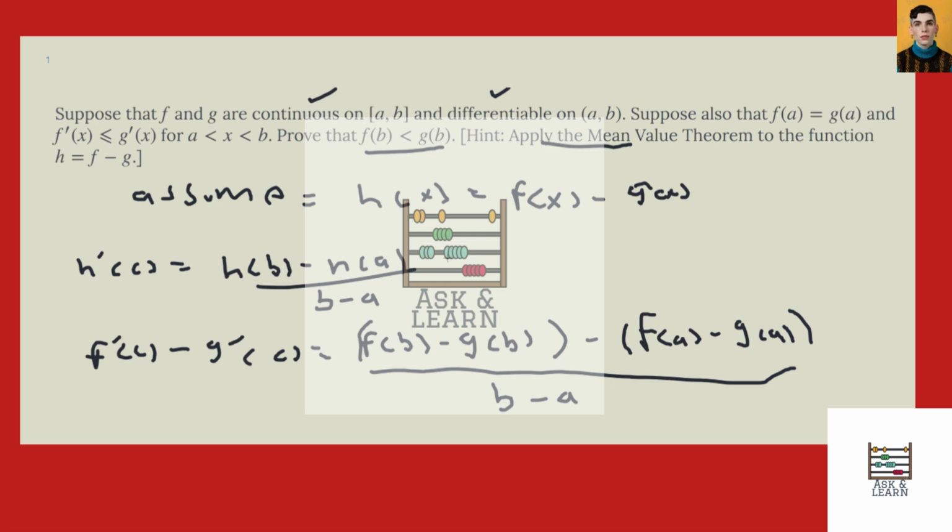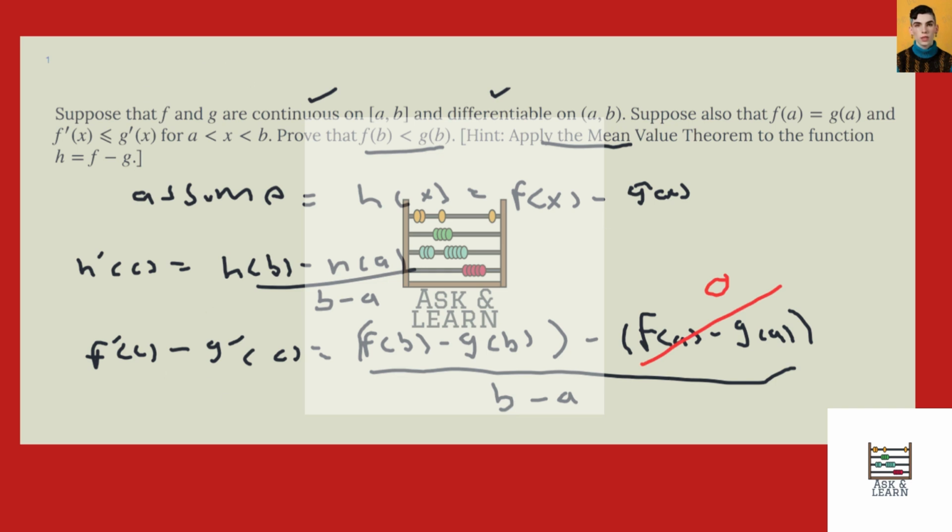Okay, now that we have this statement, we are also told that f of a is equal to g of a, so since the same number minus the same number is 0, we can just put a big 0 right here. We're told that. And then what I'm going to do here is I'm going to bring this b minus a to this side.